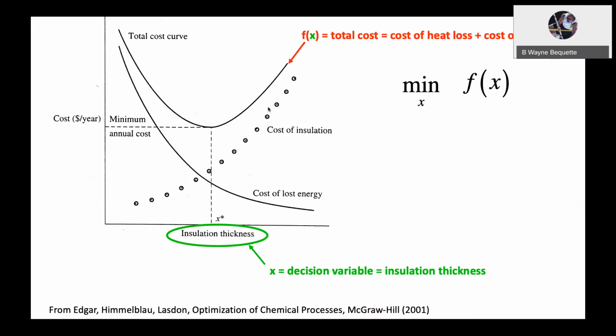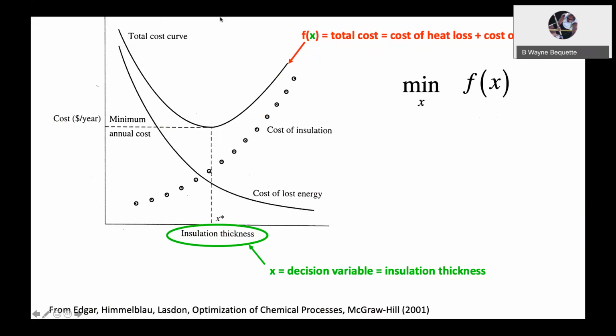And here is a classic curve. Notice on the x-axis, we have insulation thickness. That's our decision variable. We have the cost of energy being lost. The heat loss goes down as you increase the insulation thickness. However, the cost of insulation goes up as you increase the insulation thickness. It's the sum of those two costs that's the total cost, the heat loss plus the cost of insulation.